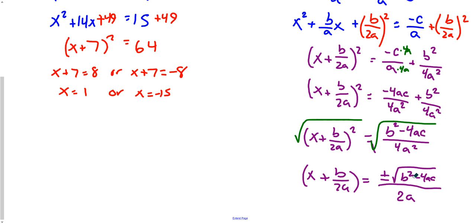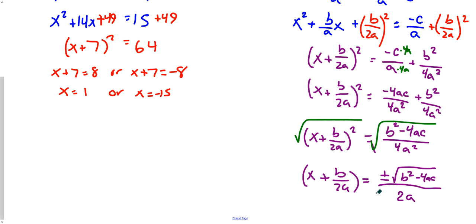The plus or minus is for the same reason that we had before, because the square root could be positive or it could be negative. The reason why we now suddenly have 2a is because I was able to take the square root of the denominator.